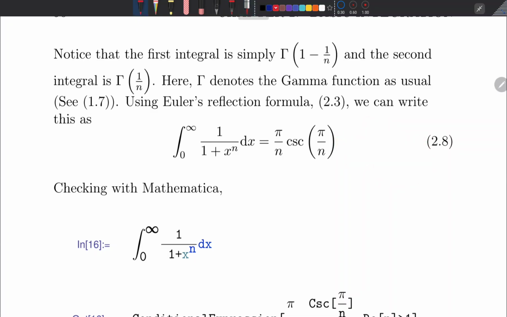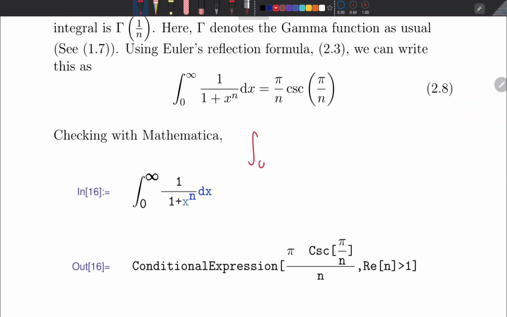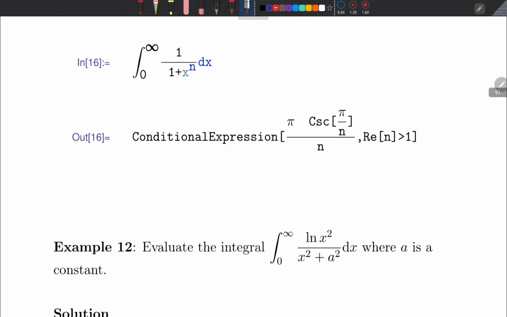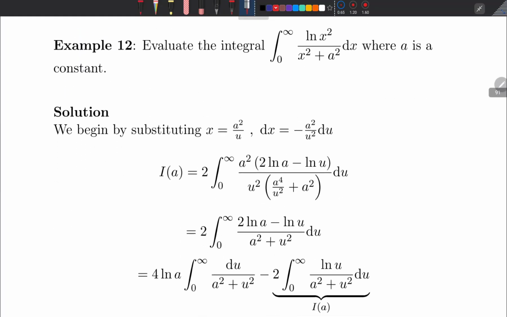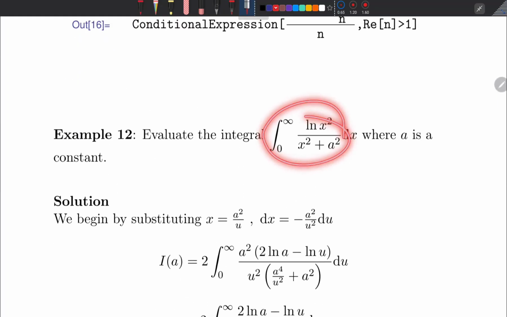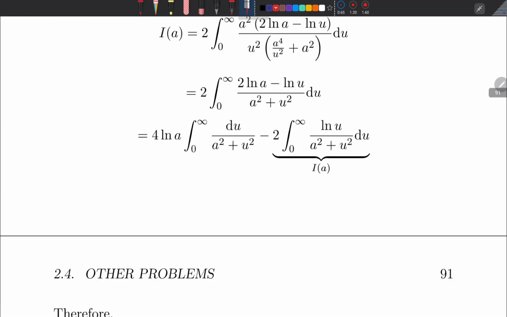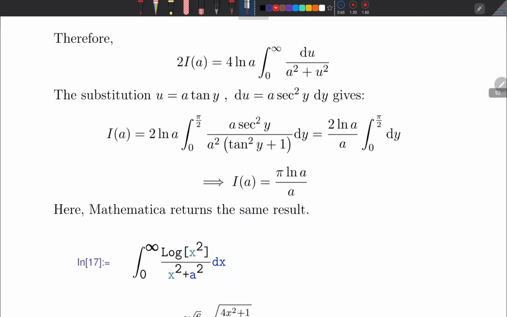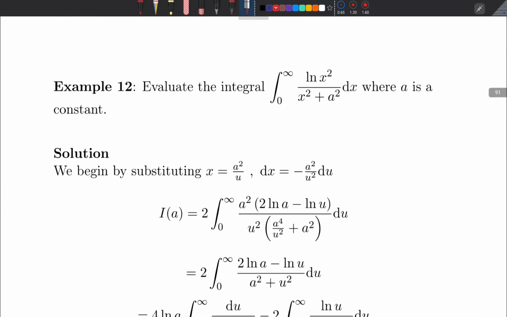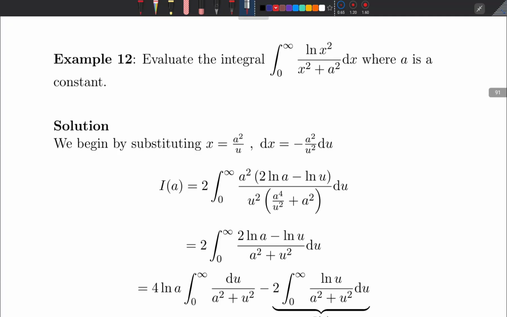I have talked about the integral from 0 to infinity of 1 over... oh yeah, I think I haven't done this, I'm not sure guys. Again, this integral looks amazing. Should we check this out once? This is not that long actually. Let's check this out.